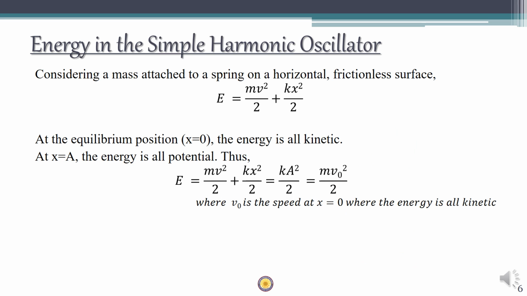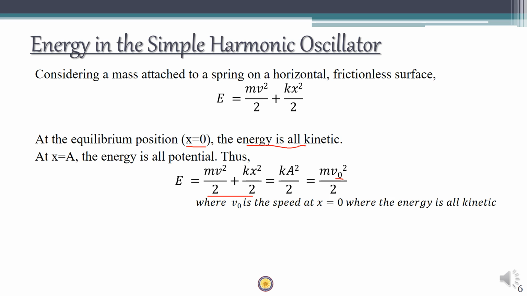So the total energy in a system can be written as half m v square plus half k x square at an instant. It can also be written, at equilibrium position where x is equal to 0, which means that the total energy is fully kinetic energy, as half into m into v0 square, where v0 is the speed at the mean position.